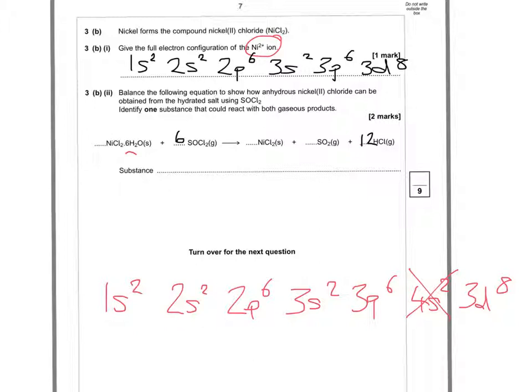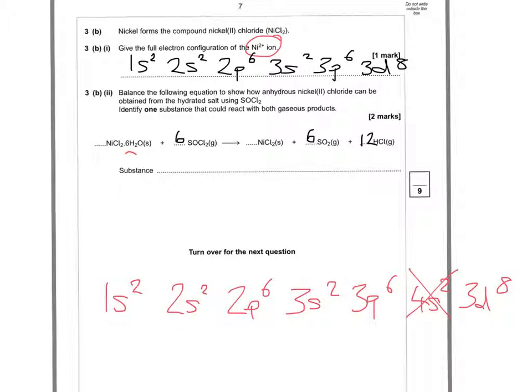Let's now think about what we've got left, because as I've just shown, the chlorine is balanced, the hydrogen is balanced. The sulfur, by doing this, we've now made 6 sulfurs. So let's put a 6 there. And let's count it all up again. So, nickel, still 1 there, that's fine.